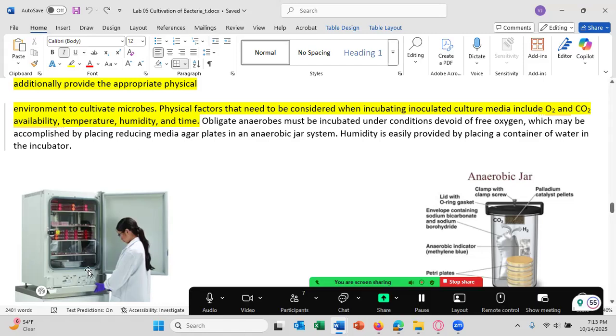Humidity, we get that by adding water to this pan in the incubator, and then the heat of the incubator makes the water humid, and then we have humidity in the incubator. Humidity is important because if you had a non-humid incubator, meaning no water in the incubator, then the plate can only stay in the incubator for about a week before it starts to dry out.